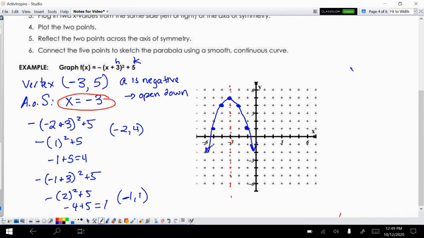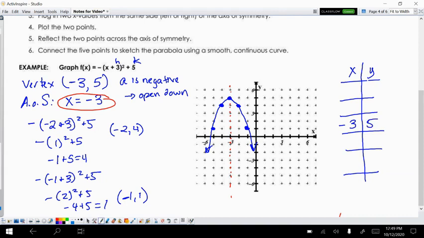If you're a table of values kind of person, we could graph it like this. So we usually need 5 points to get that curve. And we always want to think of the vertex as our middle point, negative 3, 5. So I went ahead and plugged in negative 2. That gave us 4. And negative 1, that gave us 1.